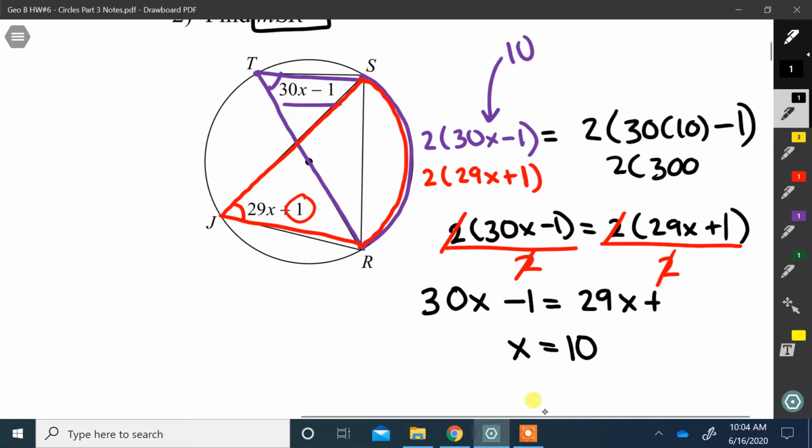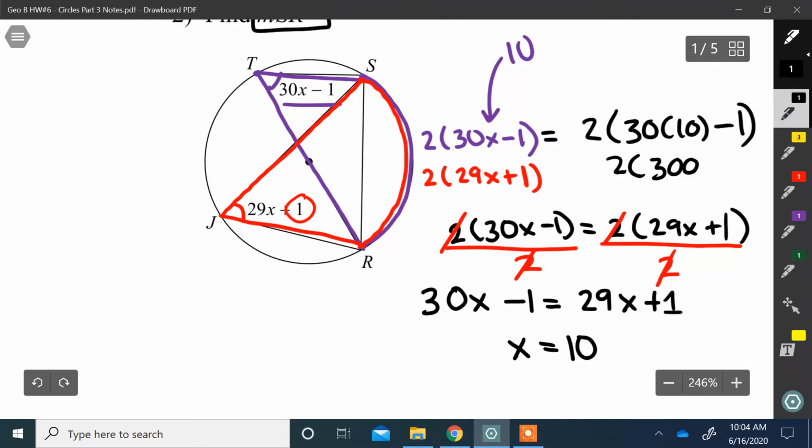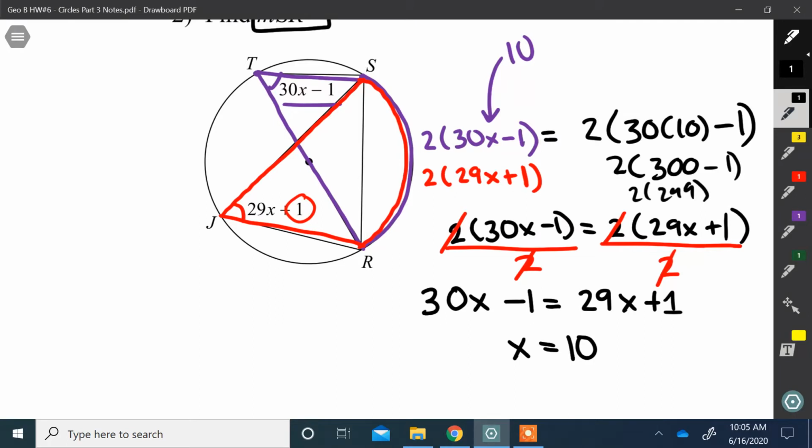So, here's how I noticed, and this is also something to learn about. I noticed that I was gonna get an answer that was gonna be way too big, like 2 times 299. Okay, that's definitely gonna be greater than 360. How could this be greater than 360 if the whole circle is 360?